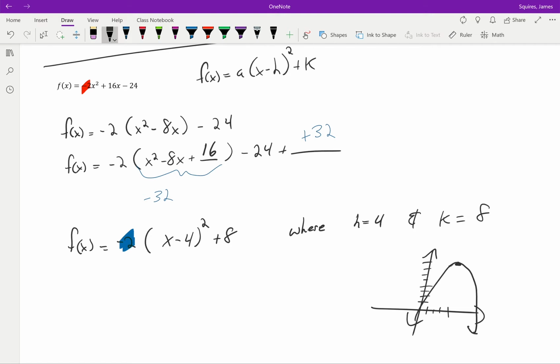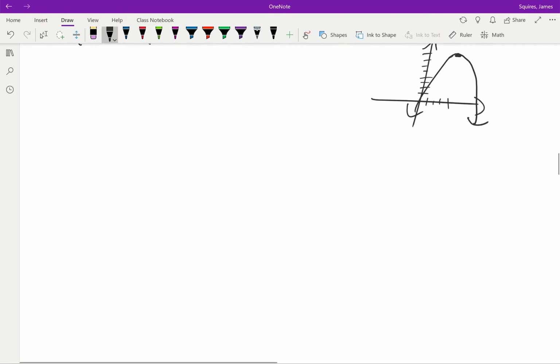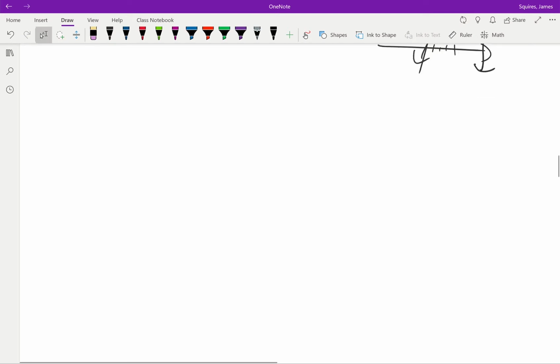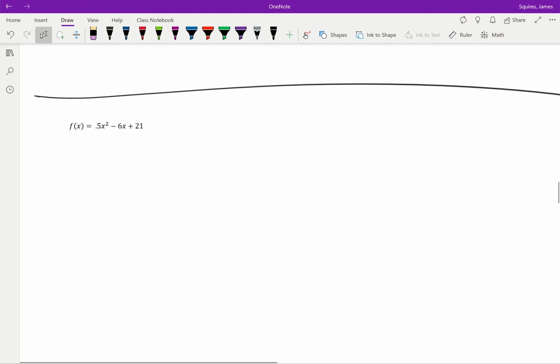Alright, so let's do another completing the square example, because I know that this can get a little tricky. So once again, we have our equation written as f of x equals 0.5x squared minus 6x plus 21.